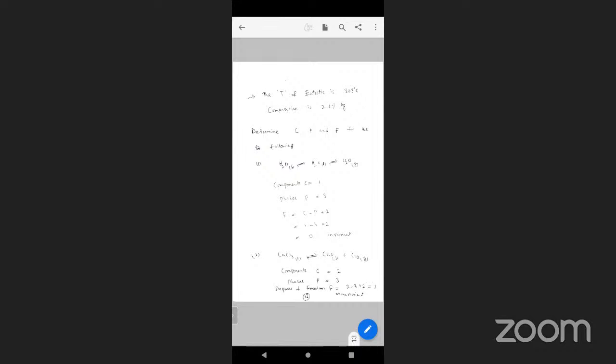So the number of components 2, number of phases 3, and degrees of freedom 1.